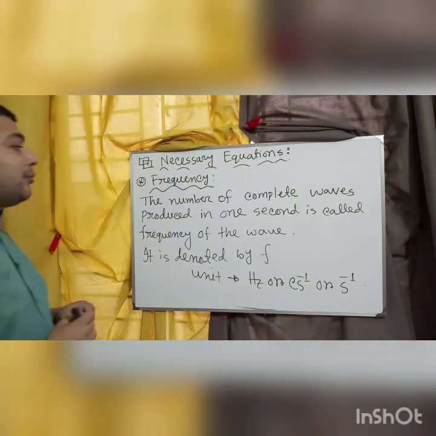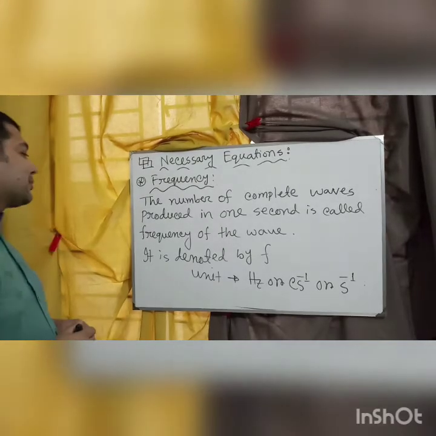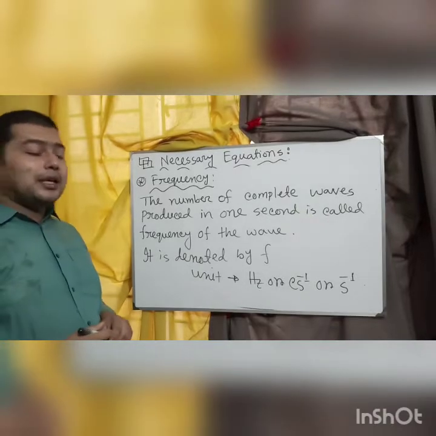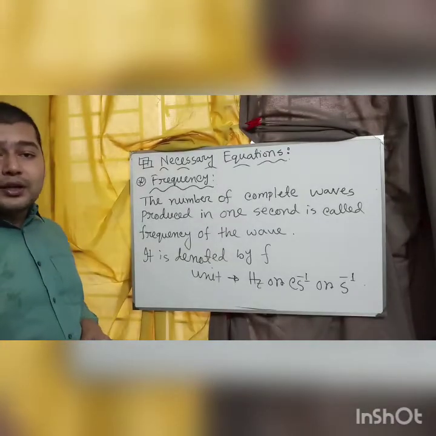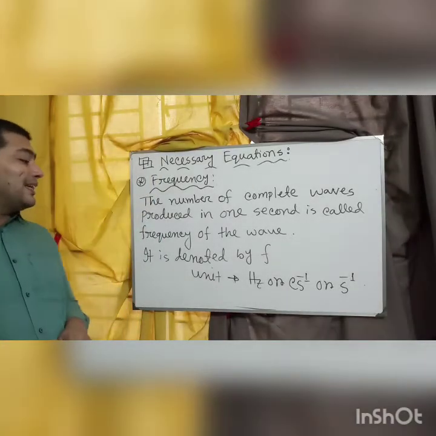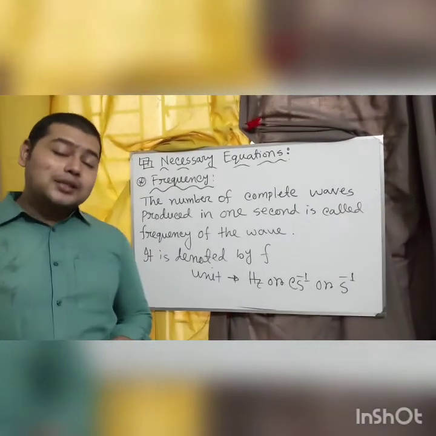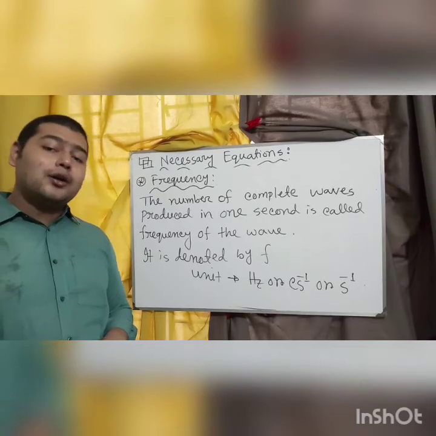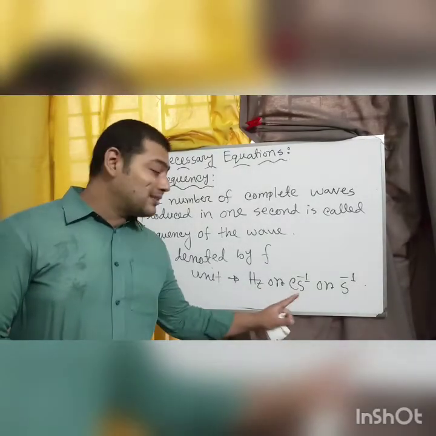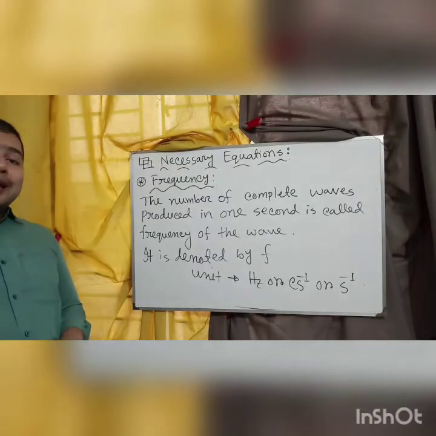The number of complete waves produced in 1 second is called the frequency of the wave. It is denoted by f, and the unit of frequency is hertz or cycle per second or only per second. You have to know all of these three units for MCQ.